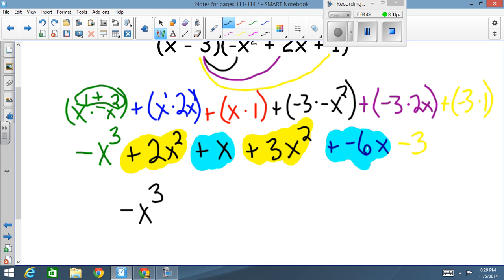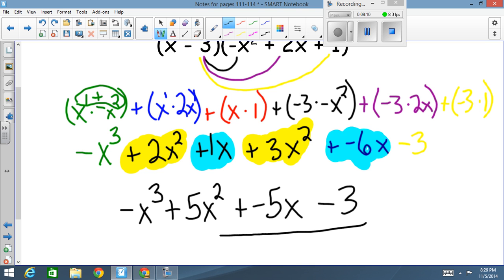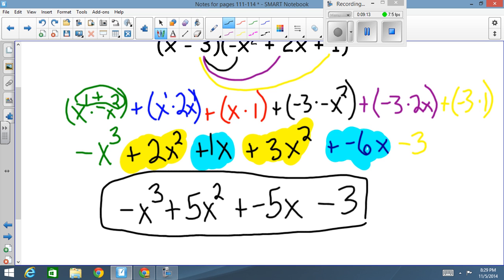I have 2x squared plus 3x squared, that's 5x squared. When I add variables, I do nothing to their exponents. I have negative 6x plus 1x, that's a negative 5x, and then I bring down the minus 3. Nothing can be combined any further because they all have different variables or exponents.